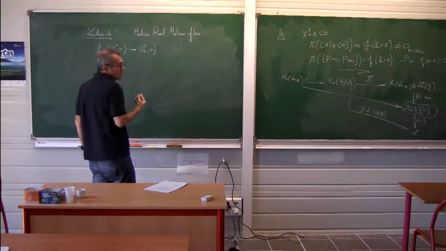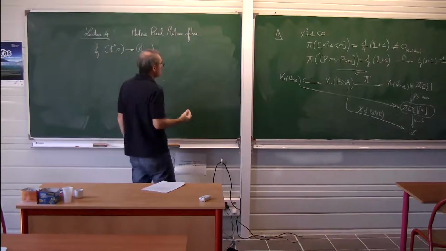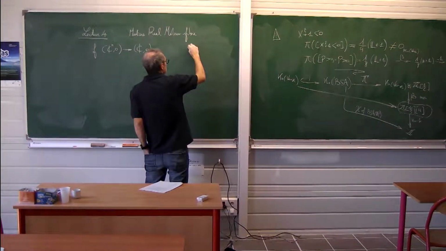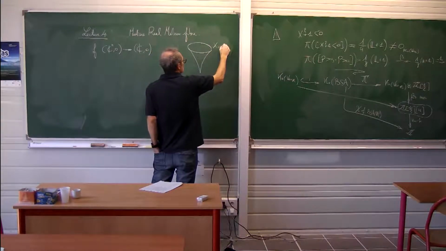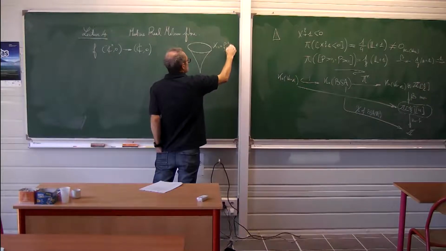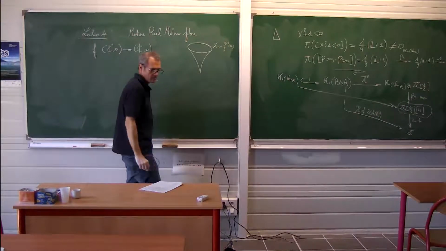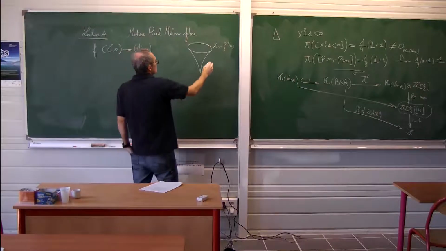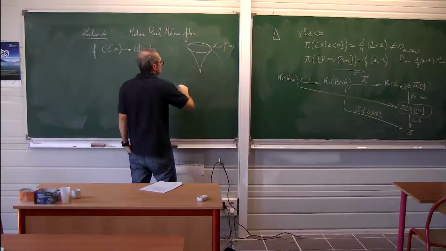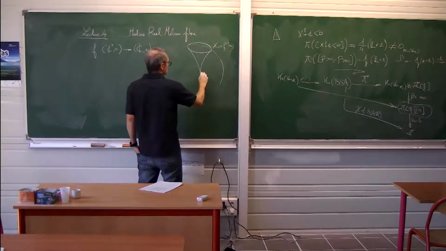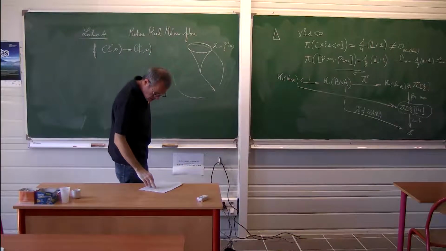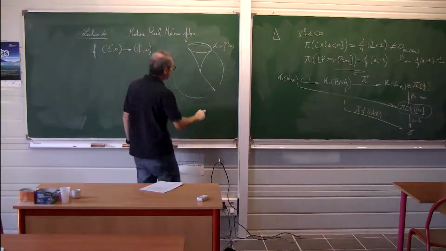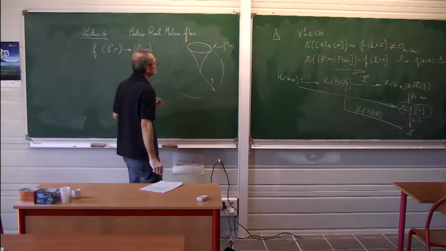So the picture you have to have in mind is the following. You have the special fiber in some small sphere. I choose eta for the radius.